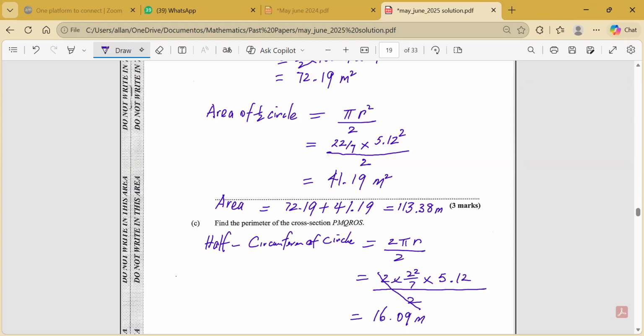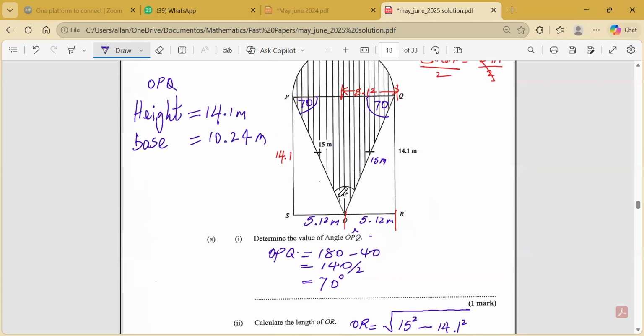So we're adding up everything now. So you're adding up your 16.09 plus, that'll be 28.2.